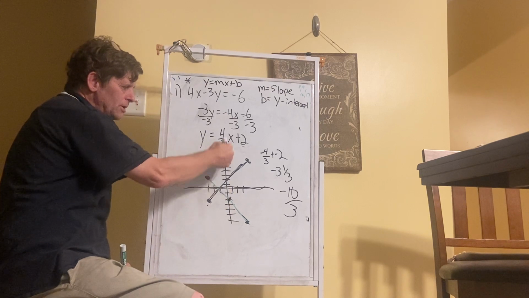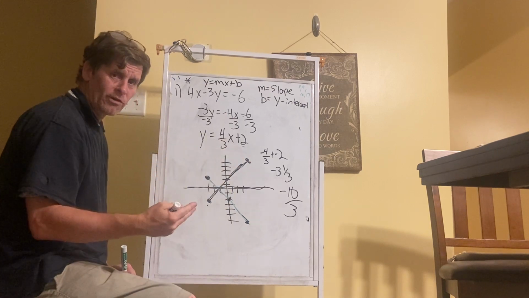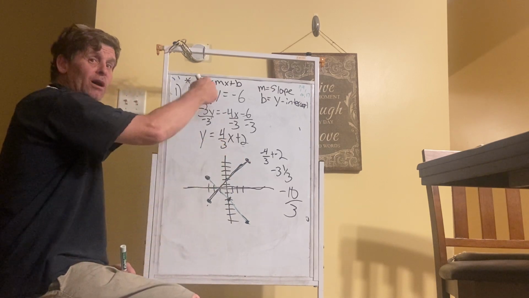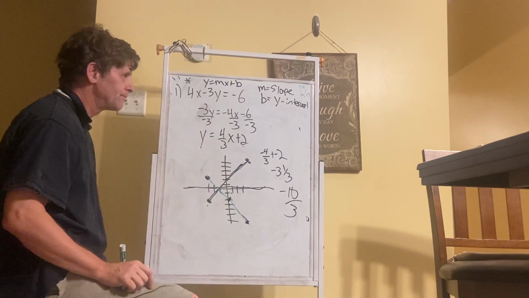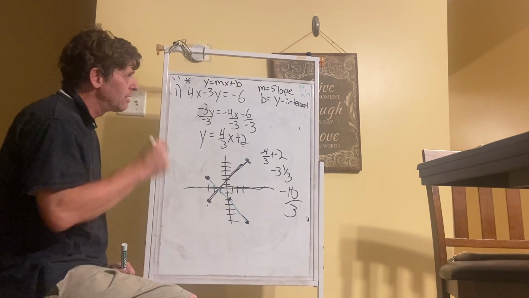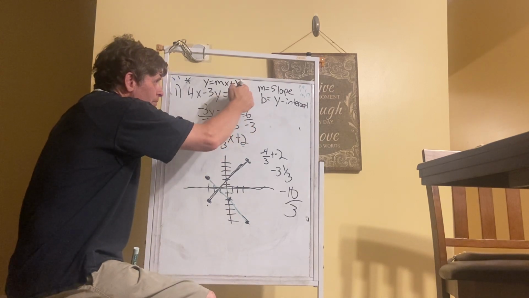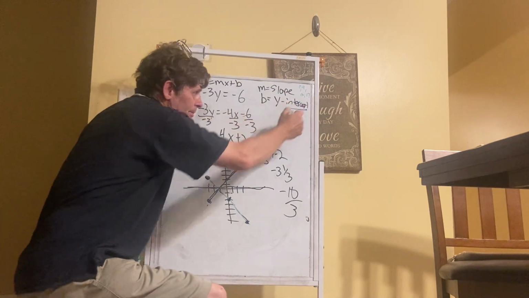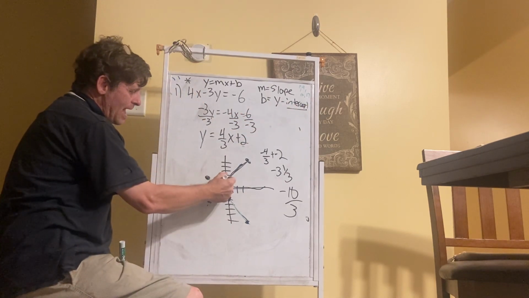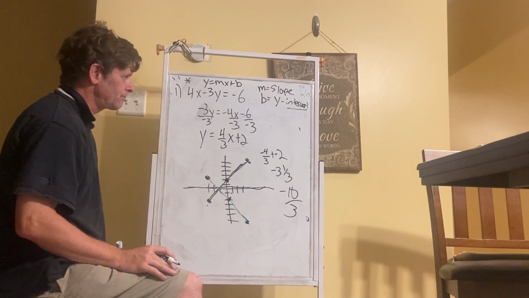It compares how much it goes up to how much it goes over. So if it's really steep, it goes up a lot and over a little. If it's flat, it goes up a little and over a lot. And b represents something called the y-intercept. It intersects the y-axis at that point.